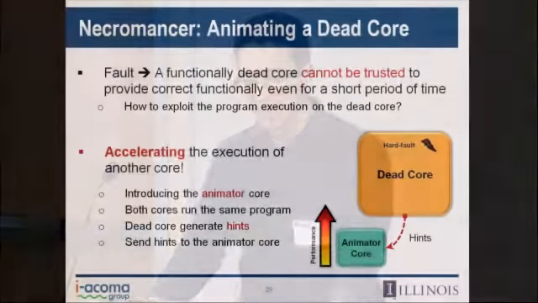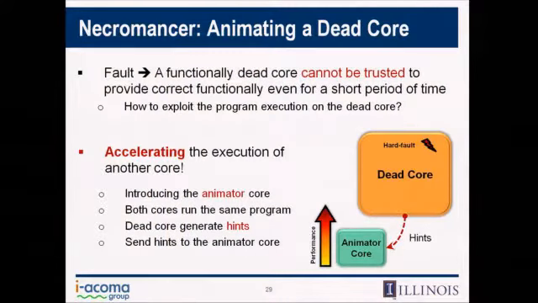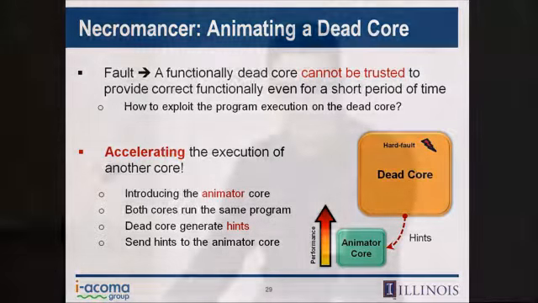The animator core is an older generation core running the same ISA with substantially fewer resources. Yes, this is on chip. The animator core is running the main program, and we let the dead core also run the same program. We abstract the execution information on the dead core and extract some useful information from it that we call hints. We send these hints to the animator core to enhance its performance.